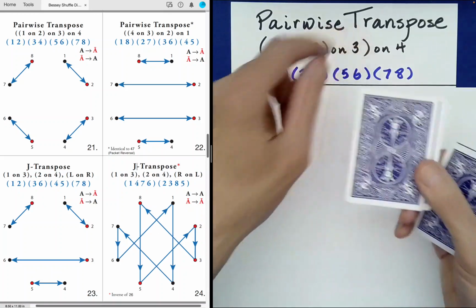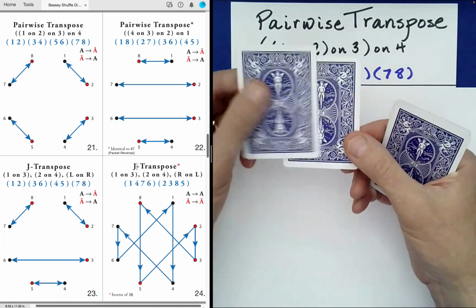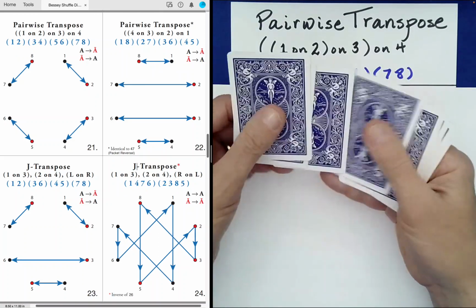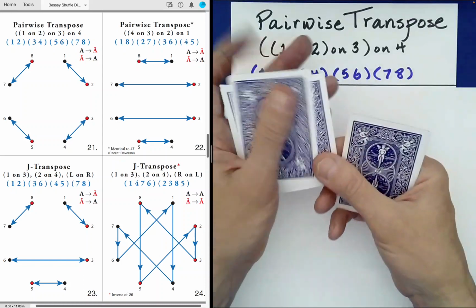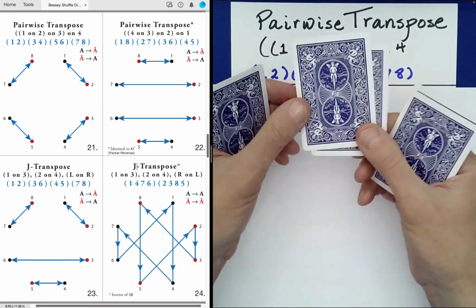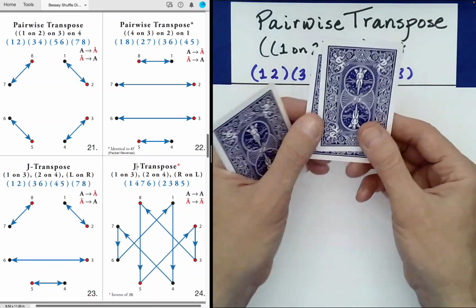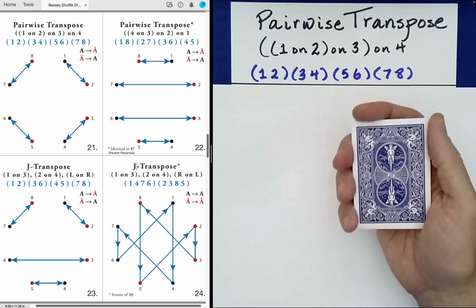A pairwise transpose is where you take the top two cards and switch them like this. Then you take the next two cards and switch them. Then the next two, and switch their order. And then the next two, and switch their order.